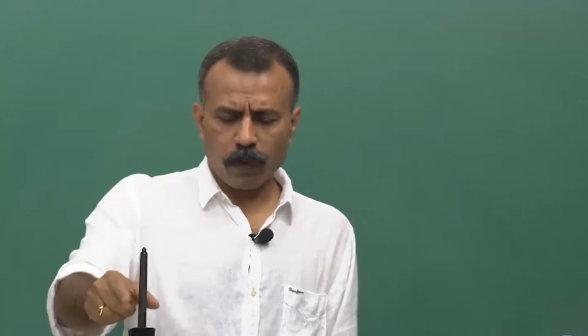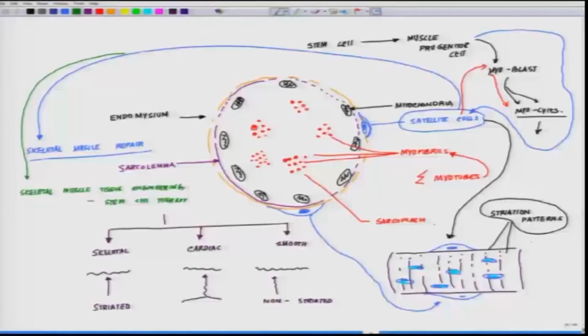So, coming back to where I was, I told you about the striation pattern. This striation pattern is a very critical landmark in the study of muscle biology. Why is it so? Before I get into the striation pattern, I will add one more drawing for you people.